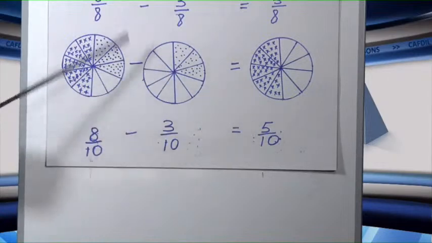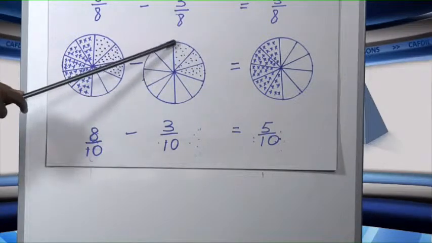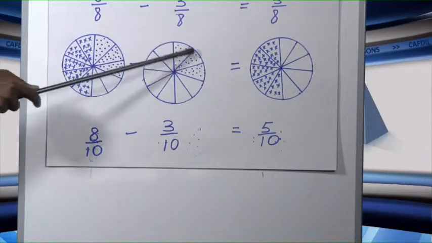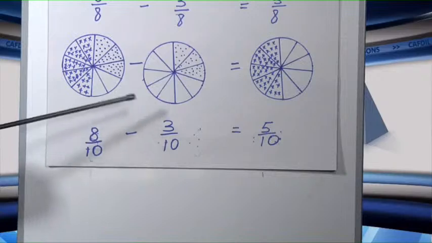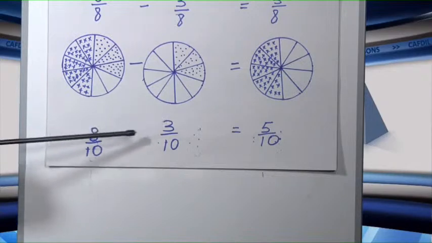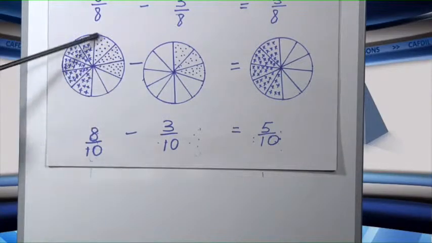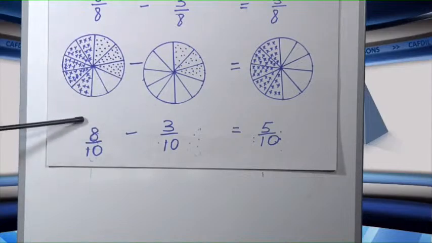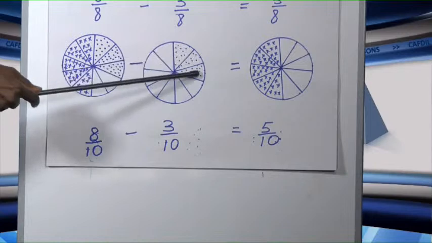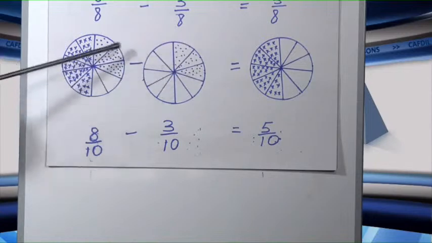But the number of shaded parts here, if you take this type of shading, it's just like subtracting 3 from 8. 8 parts shaded in all. Here it is. 3 have this kind of shading.